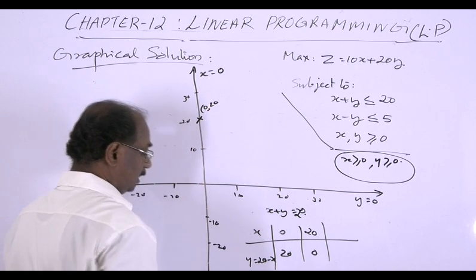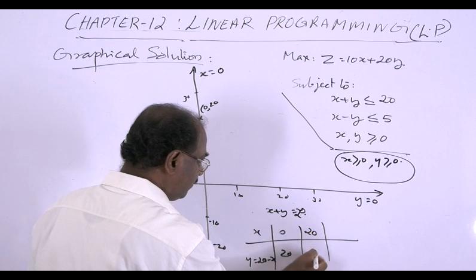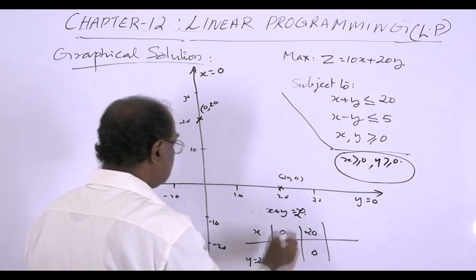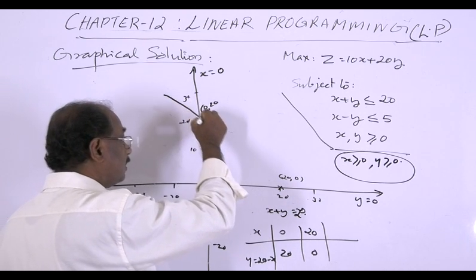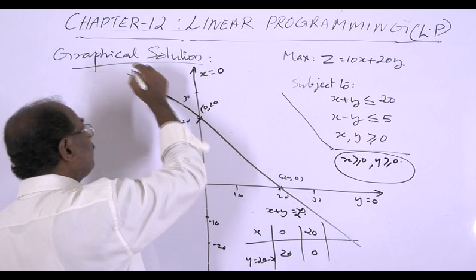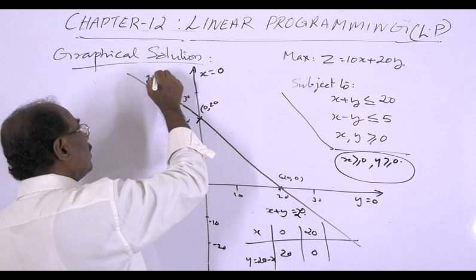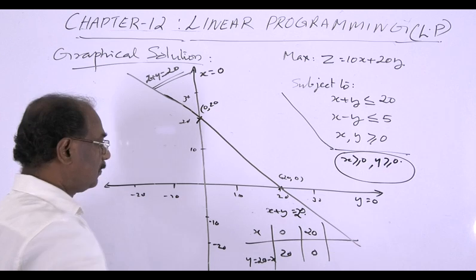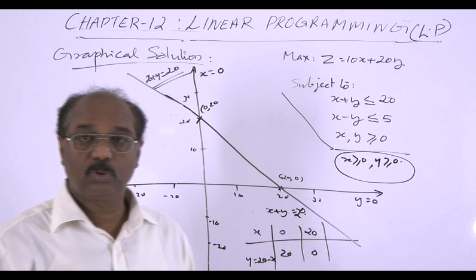Then x 20, y 0, which is the point 20, 0. Join these two points. So this is the line x plus y equal to 20.